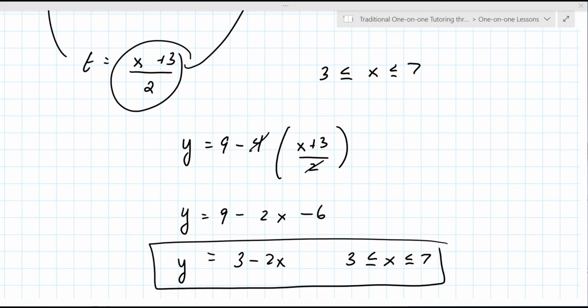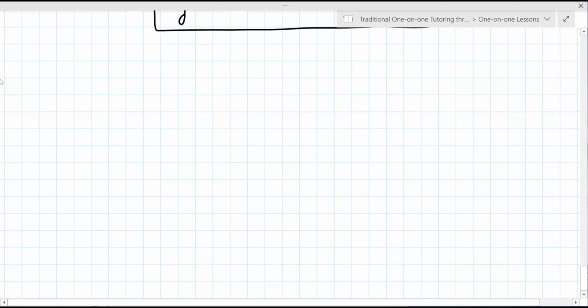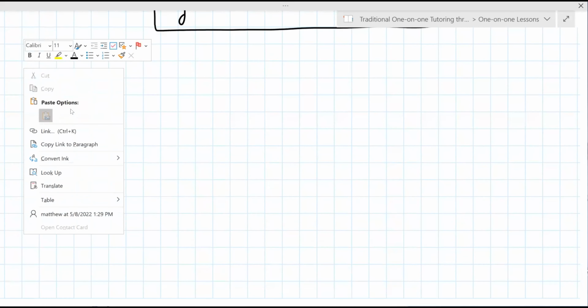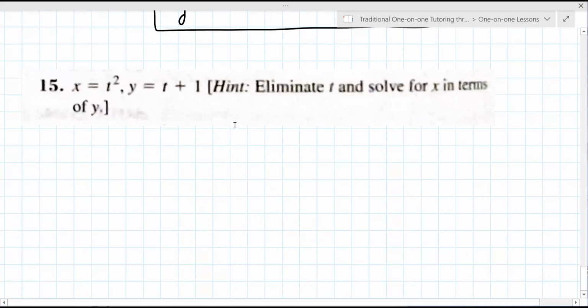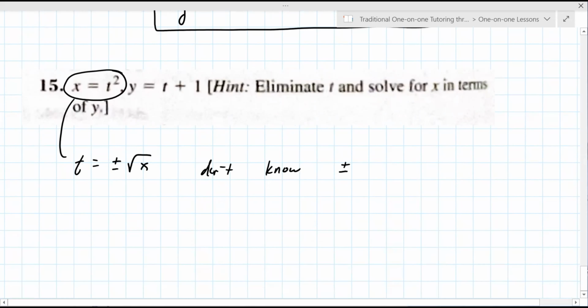In case, but there's always exceptions to the rule. This is one of them. If you take this first equation and you try to solve for t, you get t equals plus or minus square root of x, and you don't know which one it is. You could pick one, but that would be wrong.